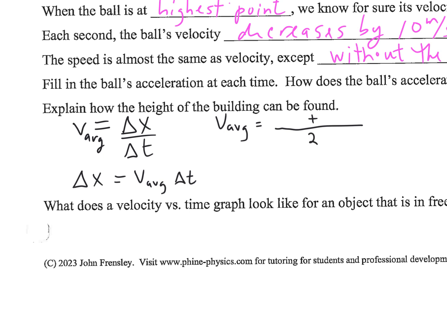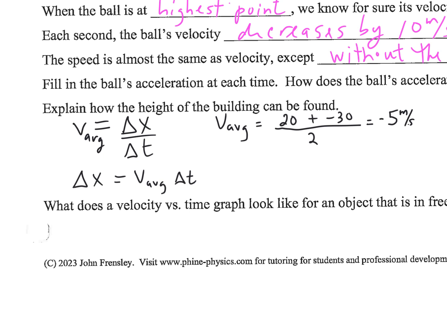What was the initial speed? Or velocity, excuse me. What's the final velocity? So we end up with an average velocity of -5 meters per second, don't we?